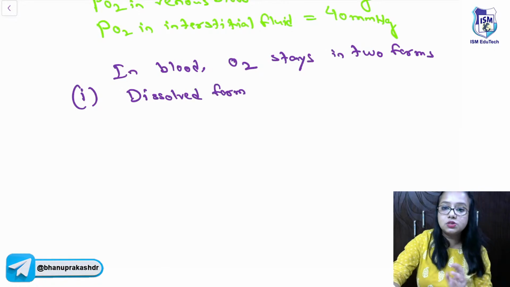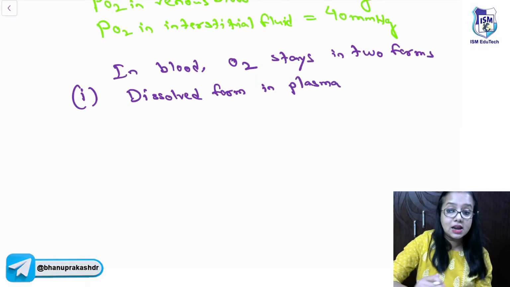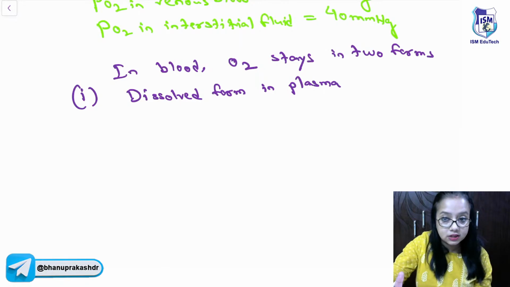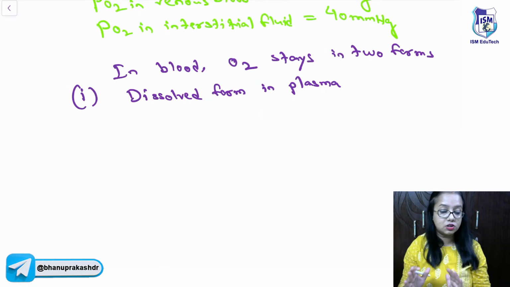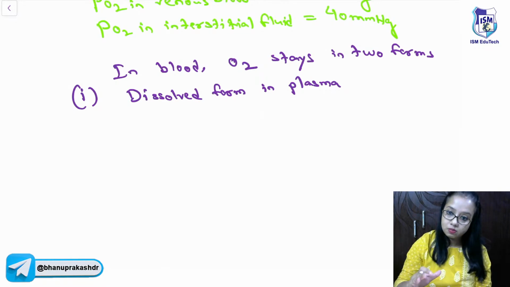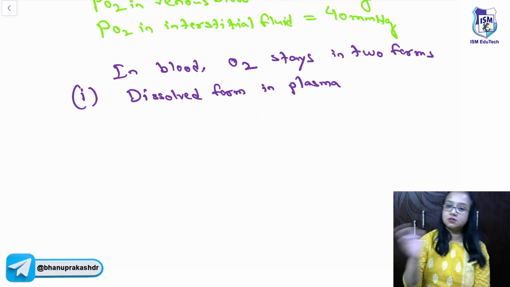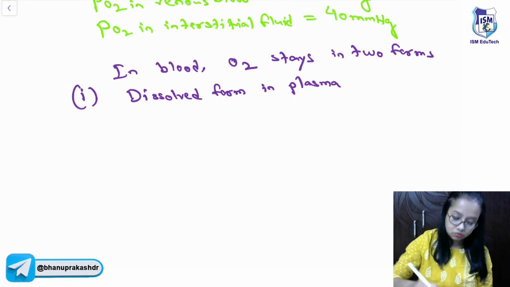If it has to stay dissolved, it has to stay in the plasma, because plasma has 90% water, along with other things like plasma proteins. But maximum is water. So in the plasma, oxygen stays in dissolved form, whether in arterial blood or venous blood. This is the first form.